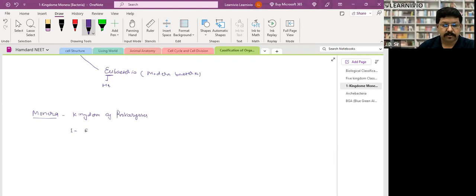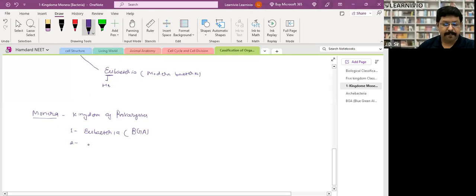First, eubacteria. In eubacteria we have studied general eubacteria, along with that blue-green algae, BGA, right? Second one, mycoplasma. So we have studied mycoplasma. Third one, archaebacteria.